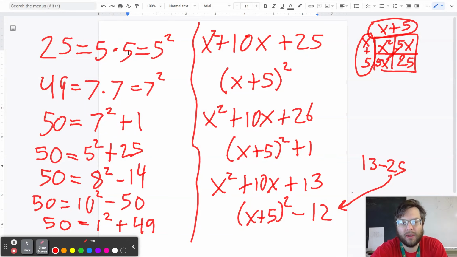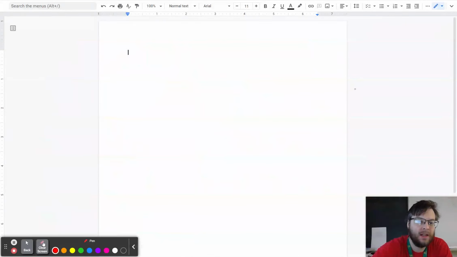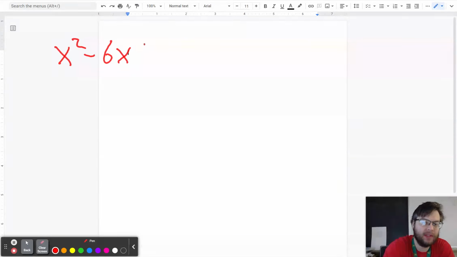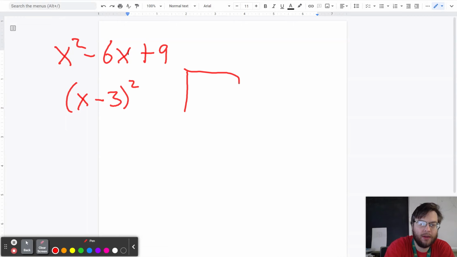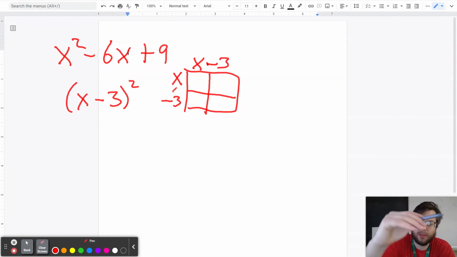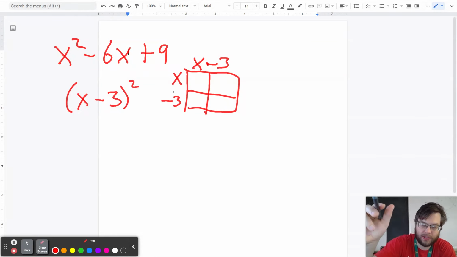Let's look at a couple more examples here. Let's say I had x squared minus 6x plus 9. This turns out to be the perfect square x minus 3 squared. Why? Again, if you draw your square and check it, I can say x minus 3 times x minus 3. That's what squared means, that those are the dimensions of the square.